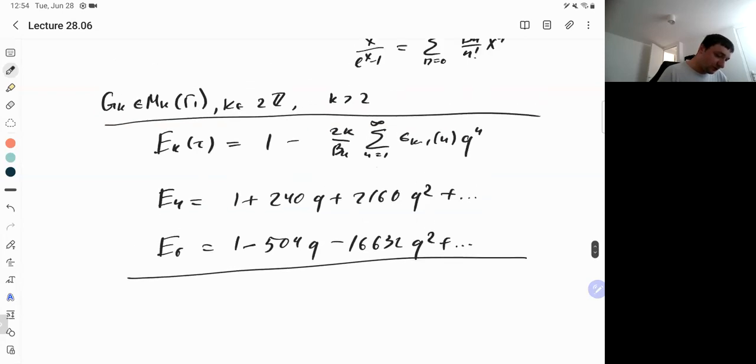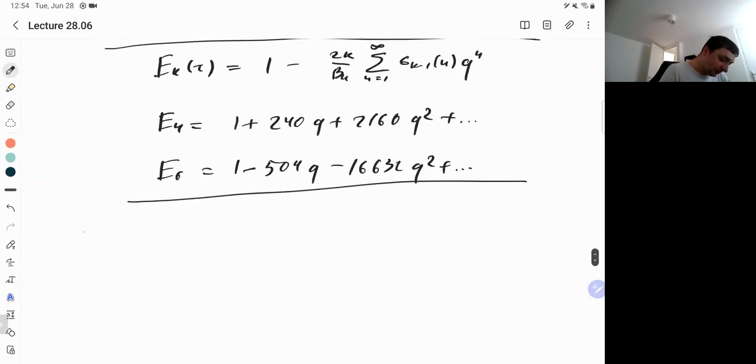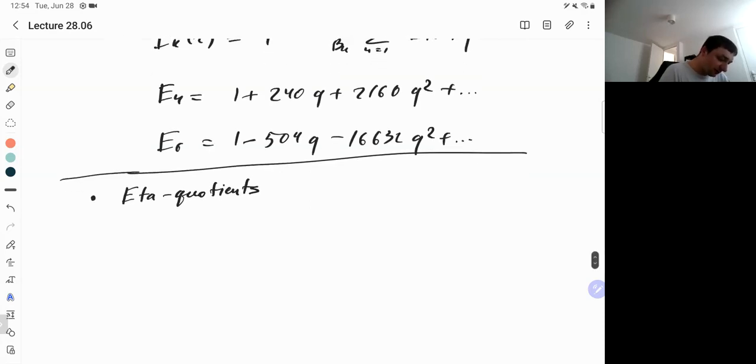So this is one source of examples, but there are many other sources. Another big source of examples is the so-called theta quotients. I won't go into much detail, but I'll give a few examples.